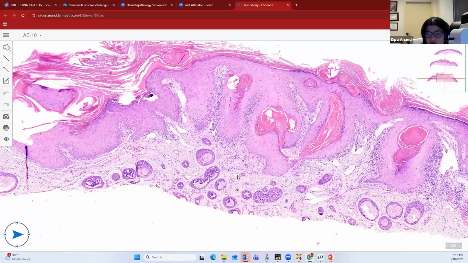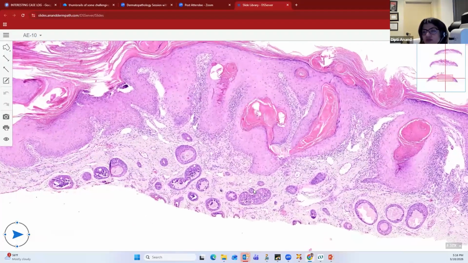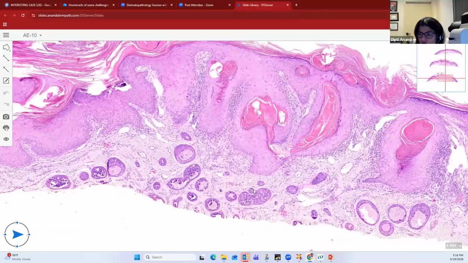If you want to write that down somewhere, when you see these ducts in the dermis like this, the three tumors that come to mind are tubular apocrine adenoma, papillary eccrine adenoma, and the dermal duct tumor. They all have these tubules in the ducts. The tubular apocrine adenoma and papillary eccrine adenoma are basically same-looking tumors.